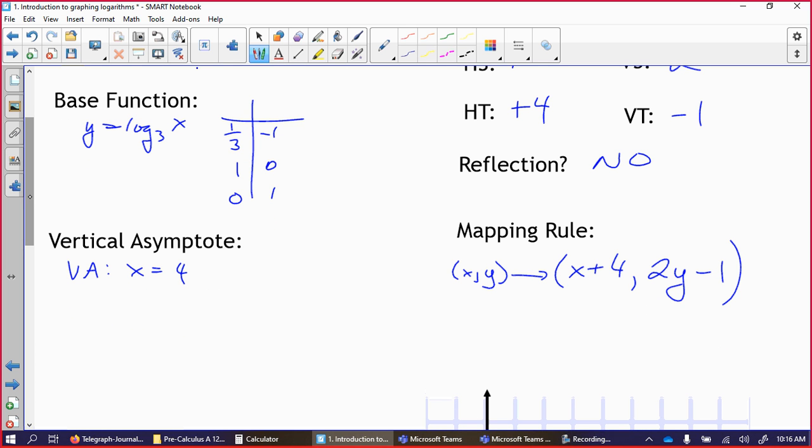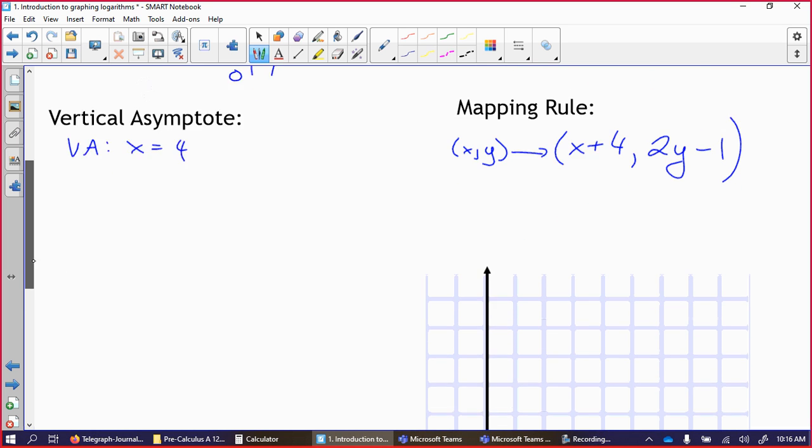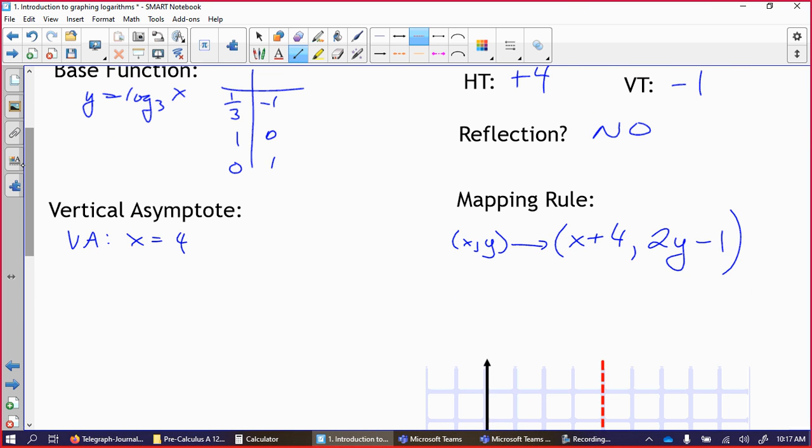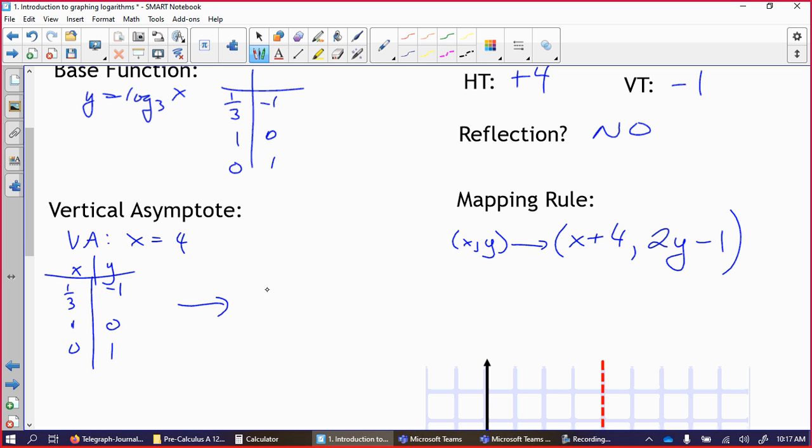When we graphed our exponential functions, we plotted everything based on that. So when I go down to my graph, I know I have a vertical asymptote somewhere over here. And 1. So that's our original. Once we transform it, let's do all of the stuff that's nice and simple. 1 plus 4 is 5.